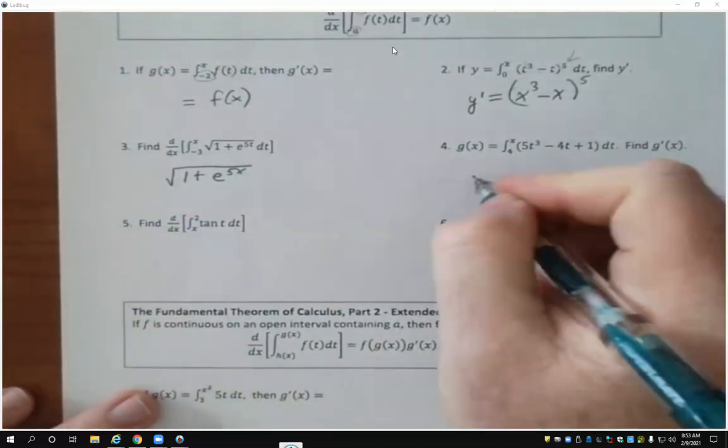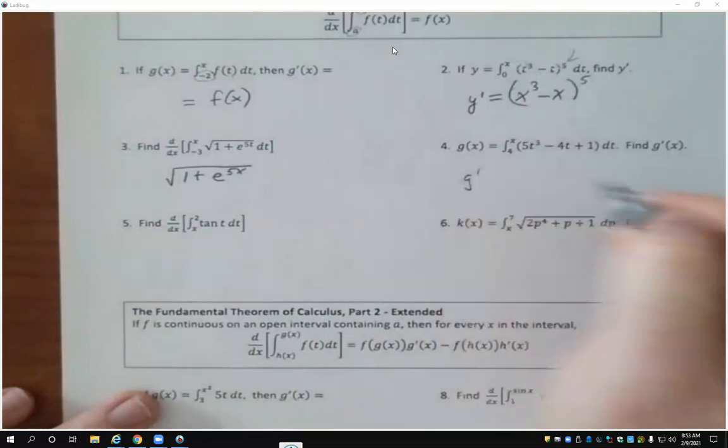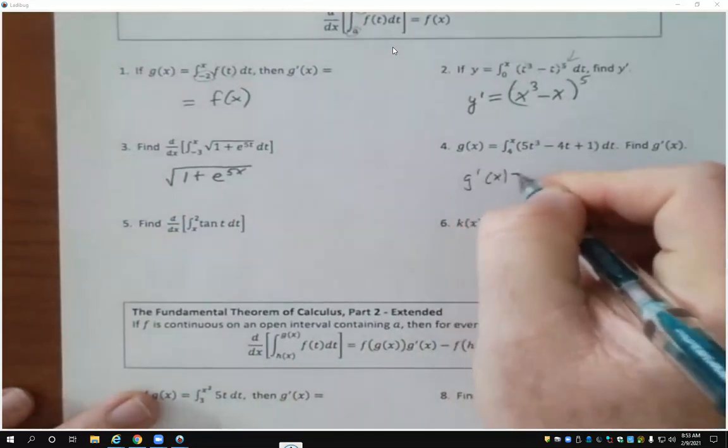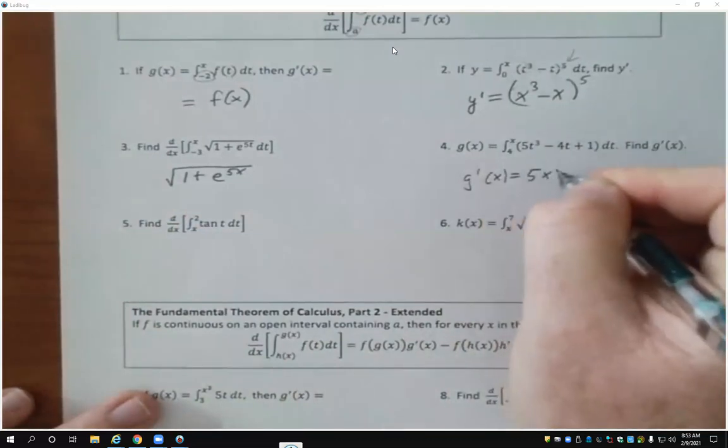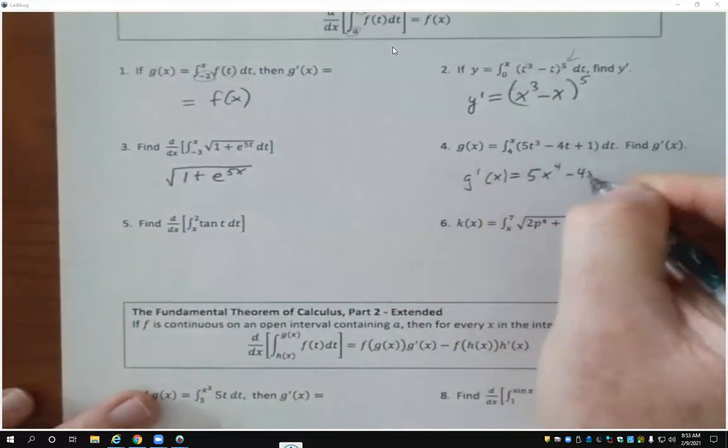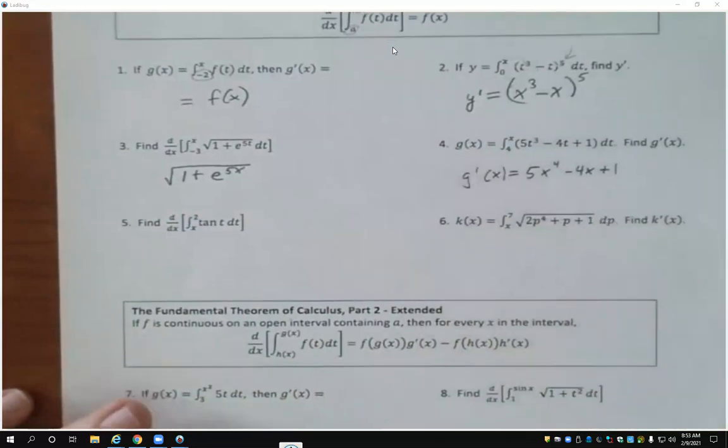Okay, number 4, g prime of x is equal to, we're just going to plug our x in, 5x to the 4th minus 4x plus 1.